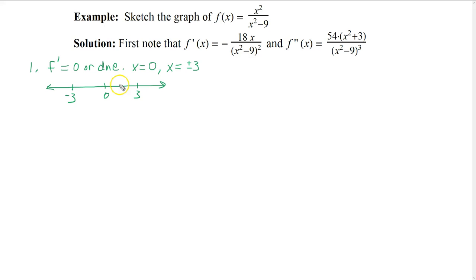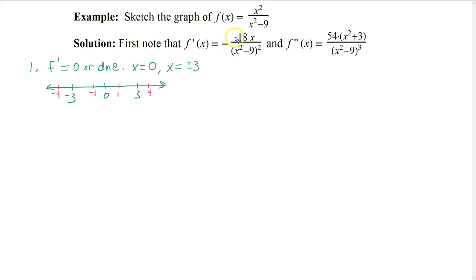And we'll pick some test values like 1, -1, 4, and -4. Notice that if we put -4 into the derivative function, keep in mind we have a negative out here, we will get 18 times -4, that's going to be a negative number.